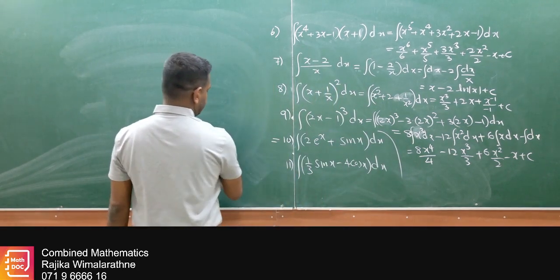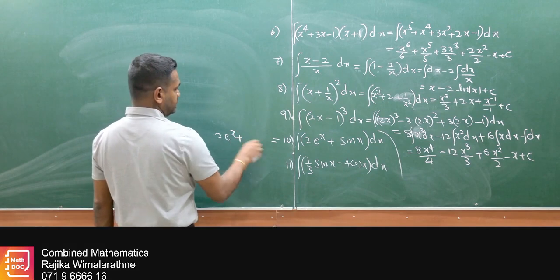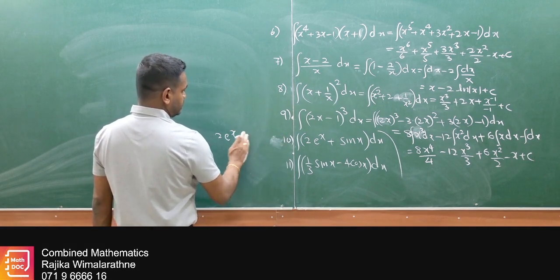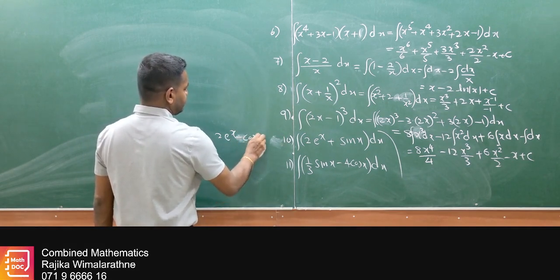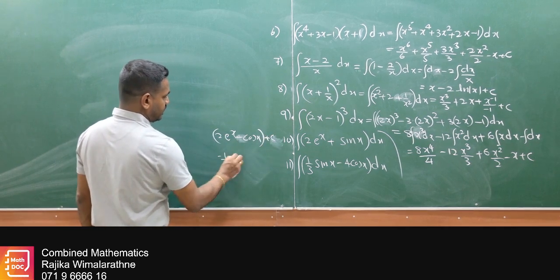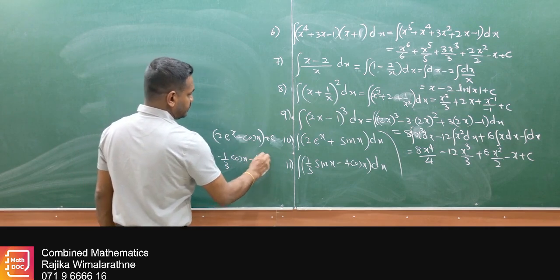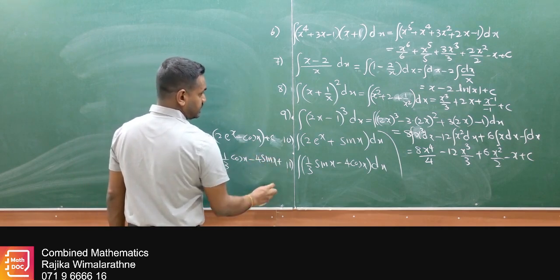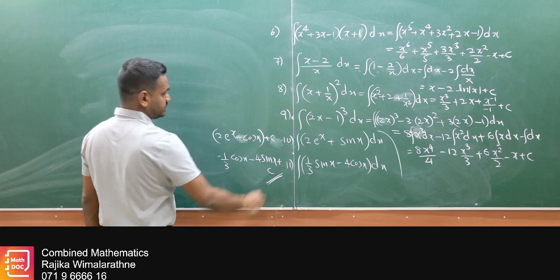Okay, here 2 e to the power x plus minus cos x plus c. Here 1/3 minus cos x for sin x plus c. Don't forget to put the constant after integration.